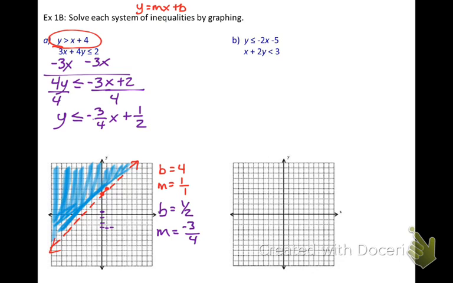So 1, 2, 3, 4. And there's where your dot would be located. All right, now you're going to graph the line on that one. Since it has an equal sign underneath the inequality, it's a solid line.